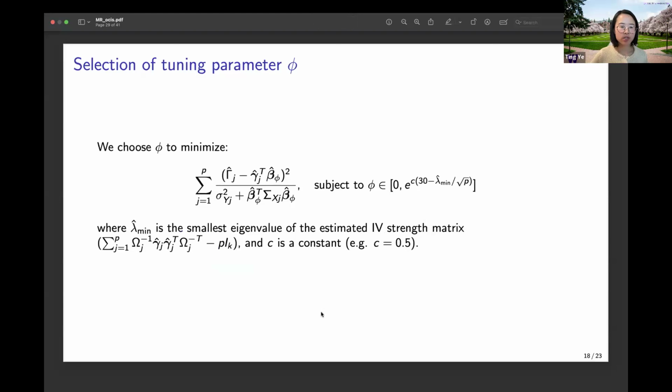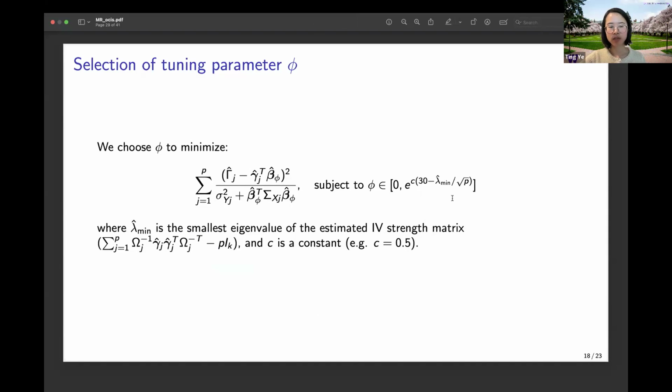And you may wonder, how do we select the tuning parameter phi? Because it needs to satisfy the rate condition that we require. So essentially, we choose phi to minimize the following objective function. And it's basically like a residual sum of squares in a weighted version. And we let phi be chosen from this interval.